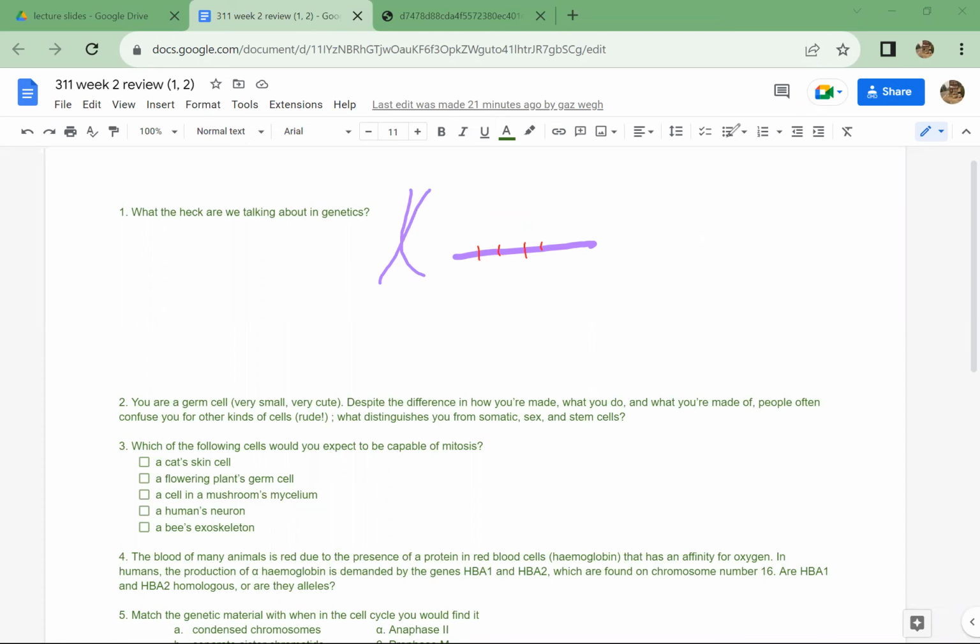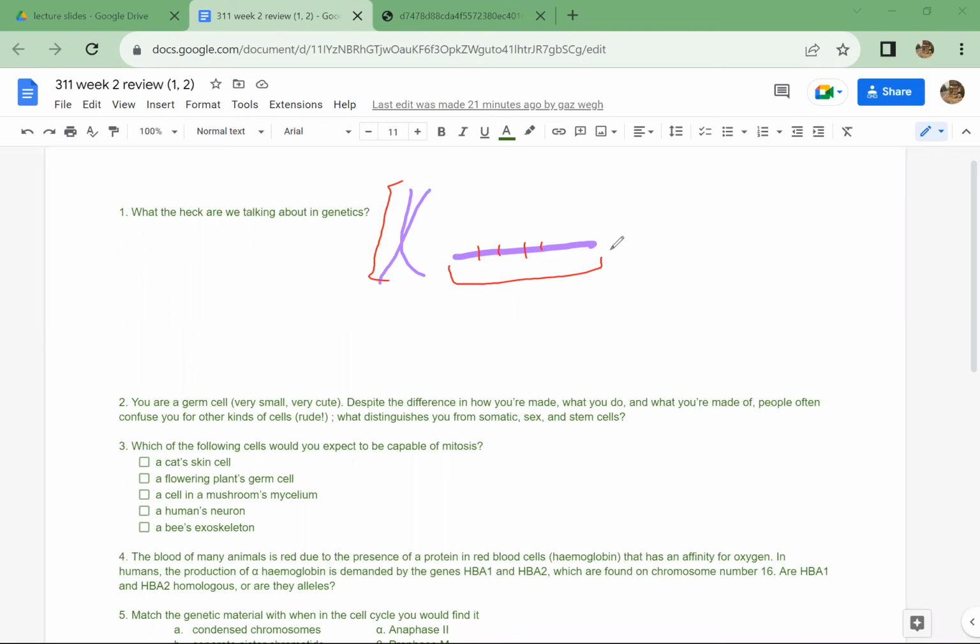And there's some terminology that we need to know when we're talking about cells. So what we have on this chromosome, one arm of the chromosome, is a collection of genes. Now, what is a gene? It's kind of difficult to understand.